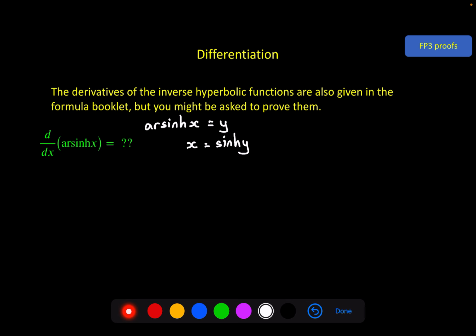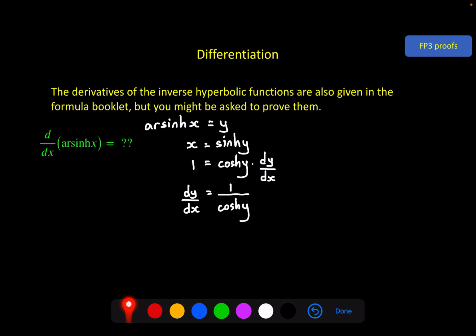So if we differentiate x, we get 1, differentiate sinh y, we get cosh y, and because that's a y, not an x, we need to apply the chain rule and multiply by dy by dx. Then I can rearrange this. I like my dy by dx on the left. So on the right we would have 1 divided by cosh y.